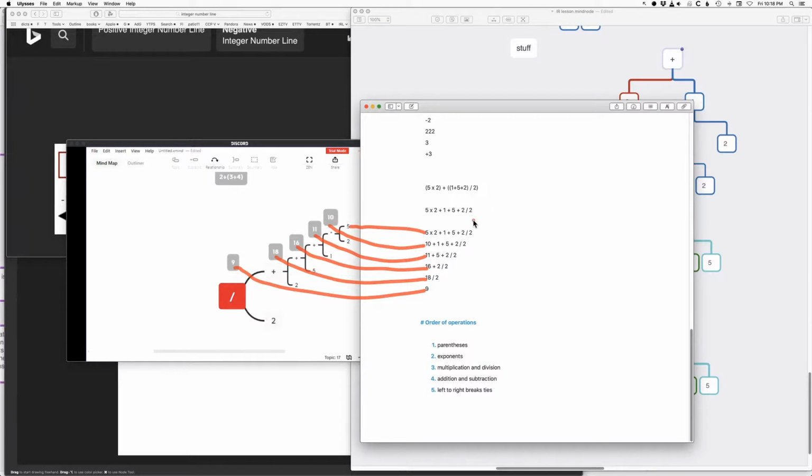Yes. A tree is a different format, but it's still the same math. The math doesn't actually change. There's just a different way to write it out.